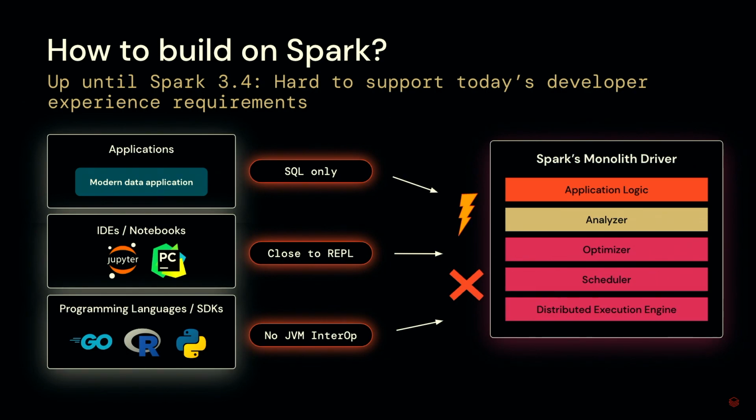You could use Apache Livy, or you can use JDBC to connect to Spark via SQL, but there wasn't any other way to do remote connectivity to Spark. If you wanted to develop your Spark workloads interactively against your remote Spark cluster, that was relatively hard. You had to be very close to the REPL in order to do that. And finally, if you wanted to use languages that weren't Spark native languages, there wasn't really an option because you had to have JVM interoperability.